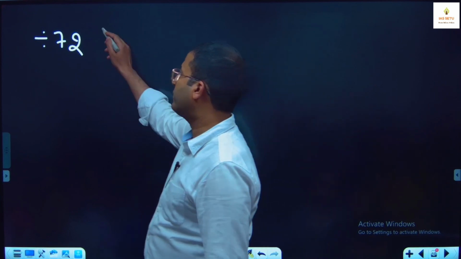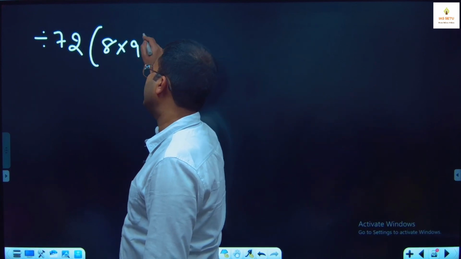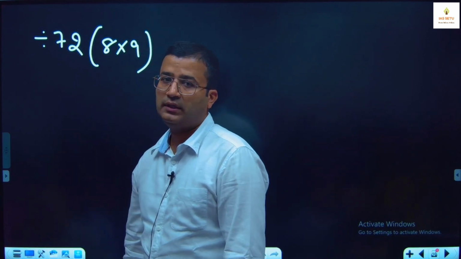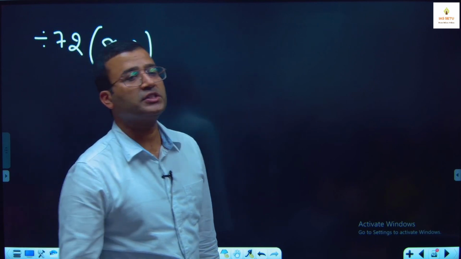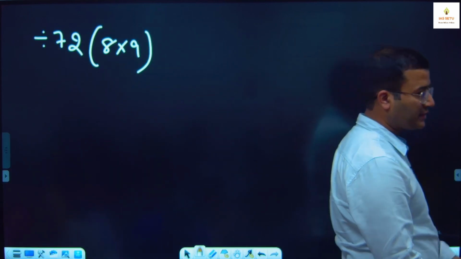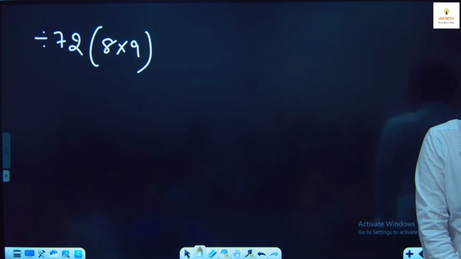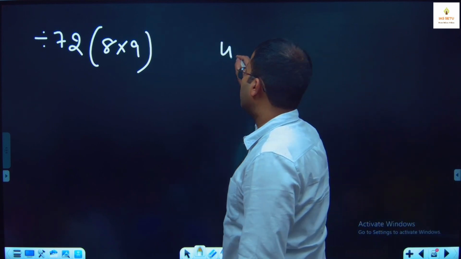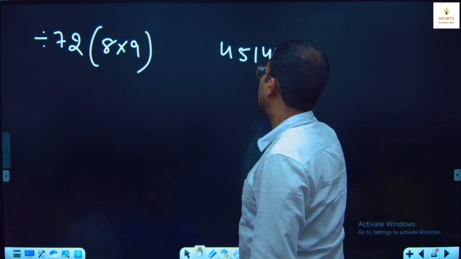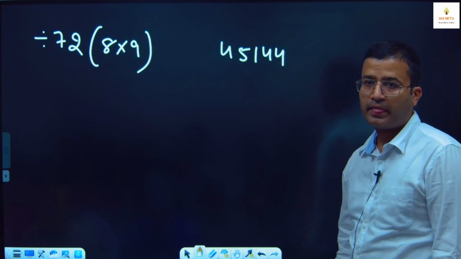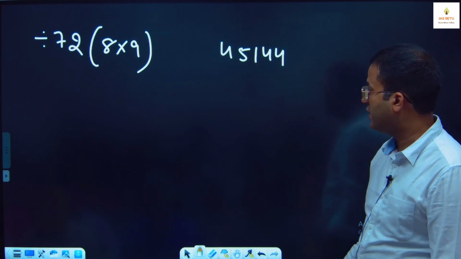72. How do we break 72? 8 and 9. If any number is divisible by 8 as well as 9, that given number is divisible by 72. 45,144. We check divisibility of 9 and 8.